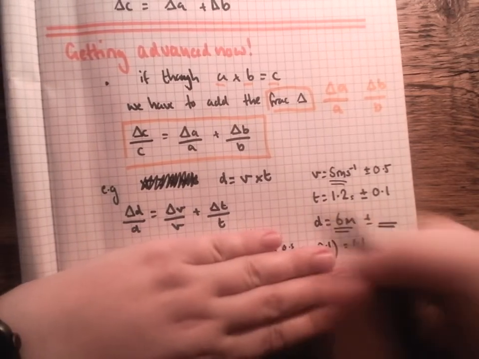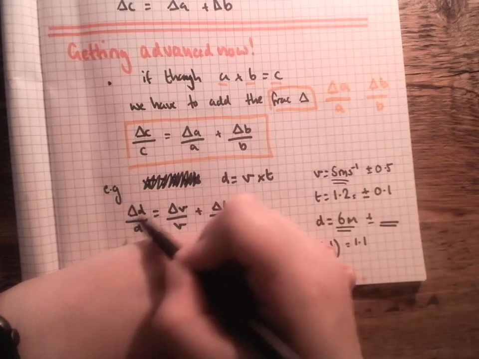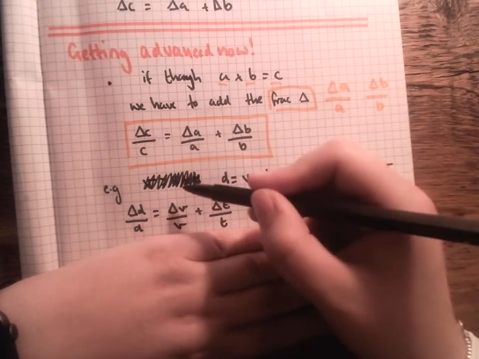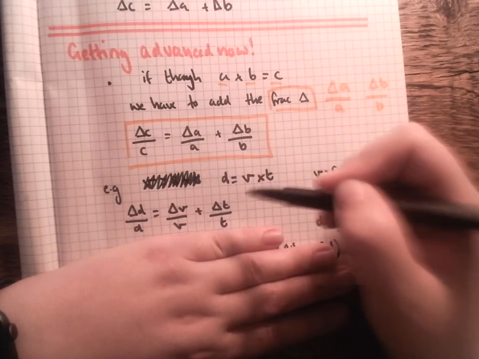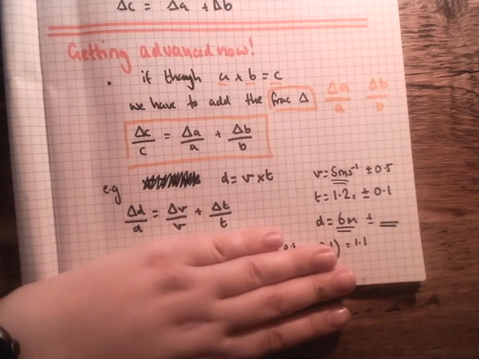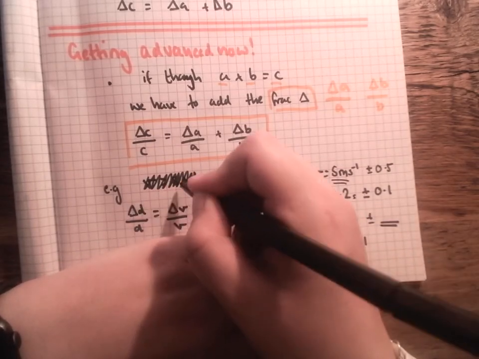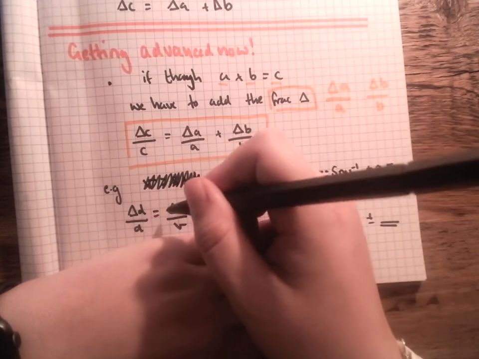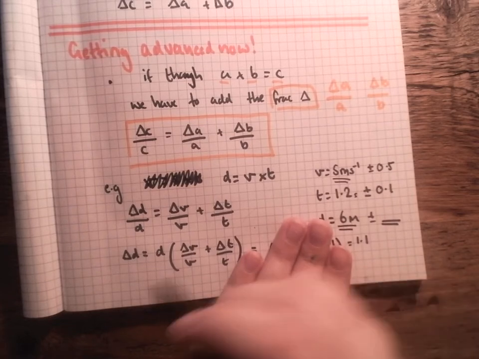So I go back and I say, here's my fractional uncertainty rule. The fractional uncertainty of D is equal to the fractional uncertainty of my velocity plus my fractional uncertainty of my time. In this case, I want to find out the uncertainty. So I'm going to bring my D, my distance, up and multiply that by everything on the top, which gives me the equation down here.